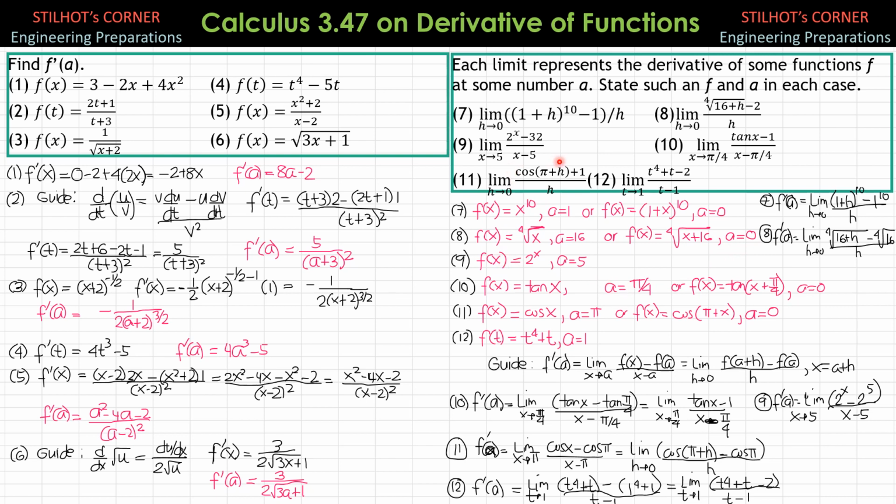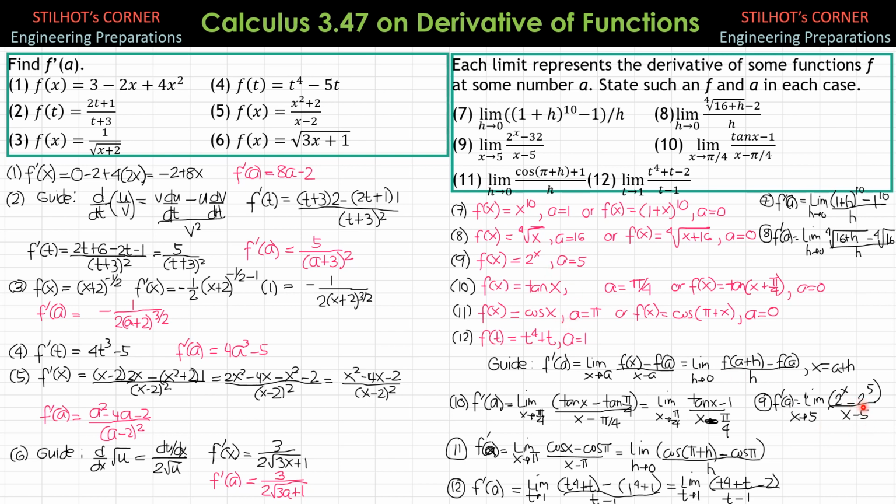Number 9, limit of 2 to the x minus 32 over x minus 5. So a is 5, obviously, while f of x is 2 to the x. So this is the explanation for number 9. So f prime of a is the limit as x approaches 5 of f of x, the defined function 2 to the x, minus f of a.